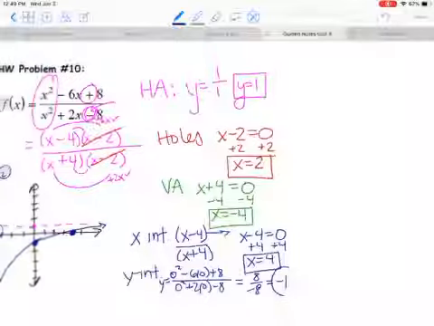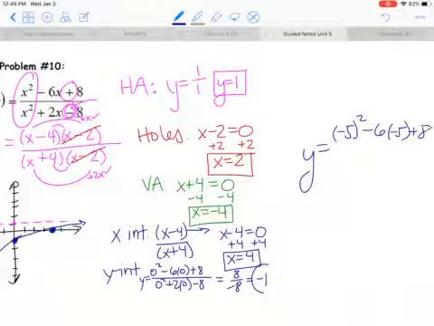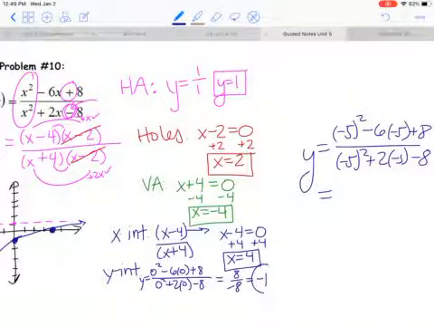If I plug in y equals, and I test -5, so I'm just picking an area to the left of my green line. -5 squared plus 2 times -5 minus 8. Lots of big numbers.